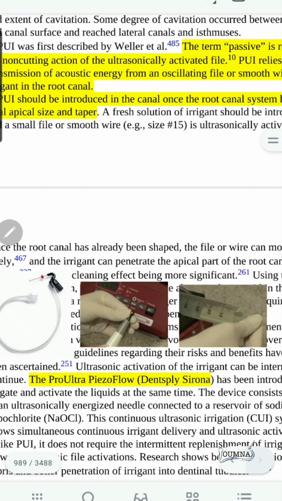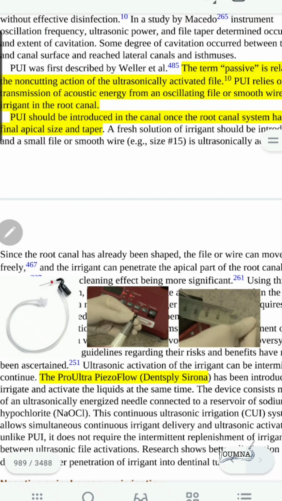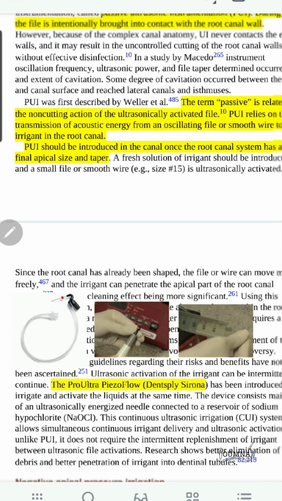Then we set the speed and the amount of suctioning and delivering of the solution into the canal. Then we activate it, and the suctioning is extra-oral, which means it's not from this device.